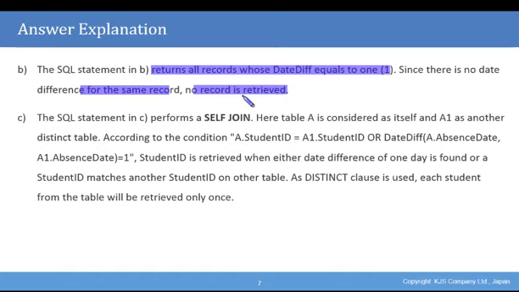Finally, in C, the SQL statement performs a self-join again, the same one that we've mentioned twice, where A and A1 are considered two distinct tables.